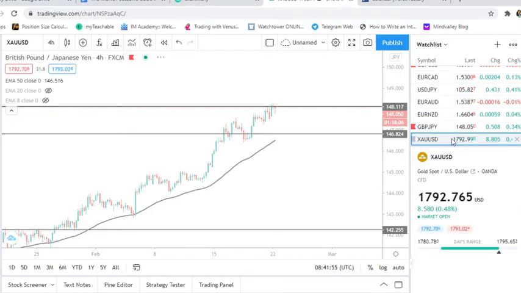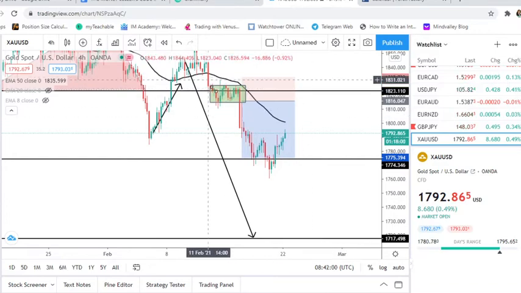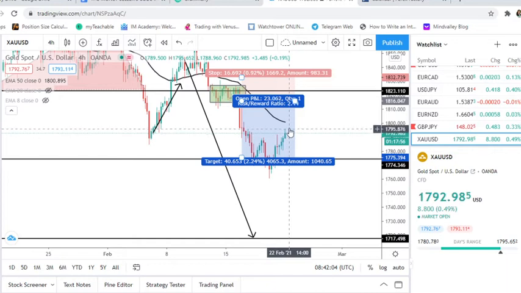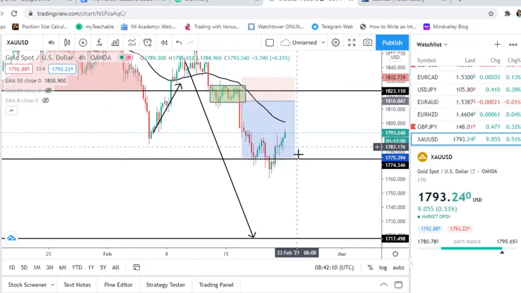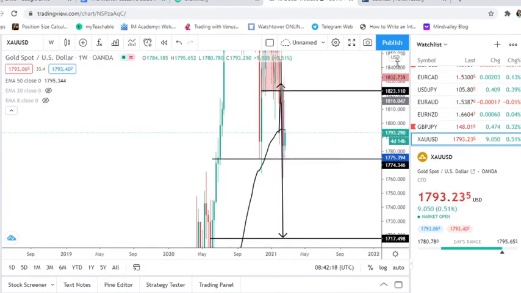Let's see XAU USD. Okay, so this one we were looking at a sell, and we did this small sell last week, and now it is pushing back up. We're expecting for it to continue down again. So if we see another opportunity to the downside, we'll sell again towards this area. But let's see it on the weekly and see how last week closed.